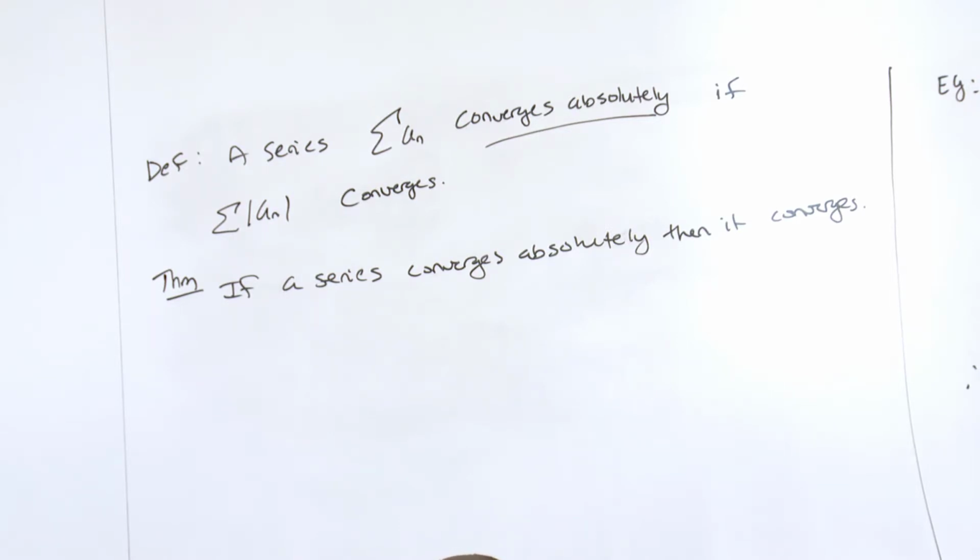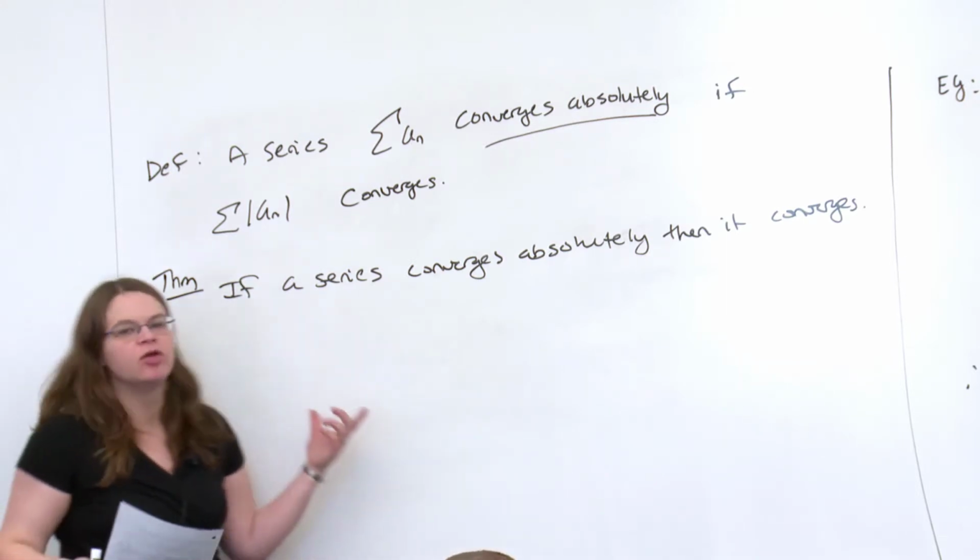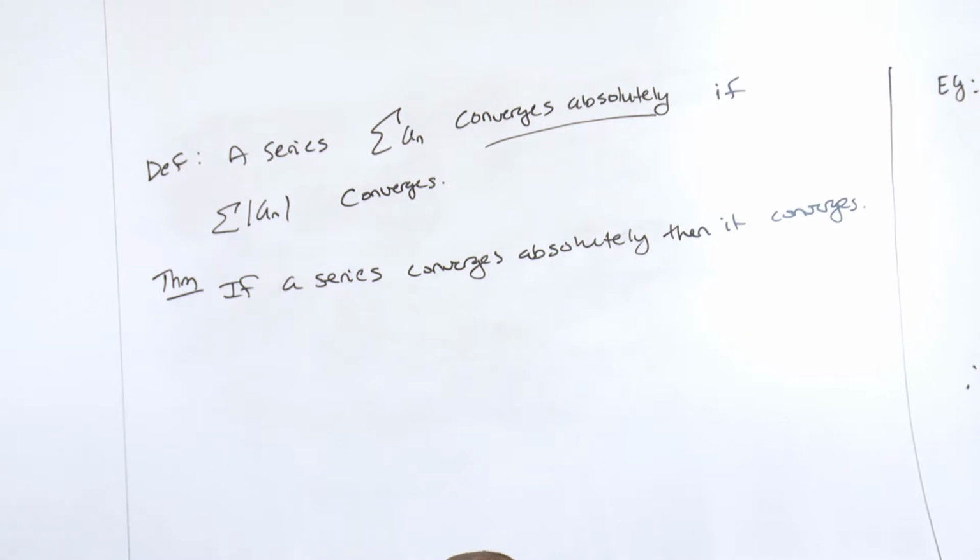That's a one or two line proof where you just check the Cauchy criterion, and you can bound things in terms of their absolute values, just like we've done lots of times.